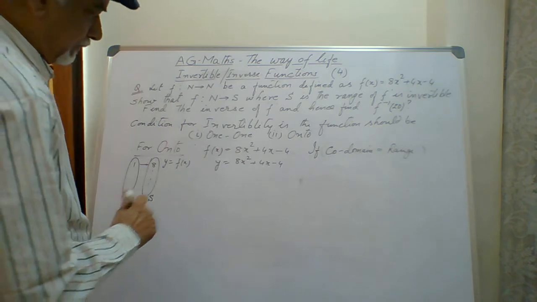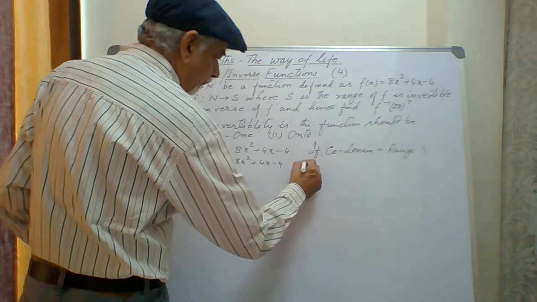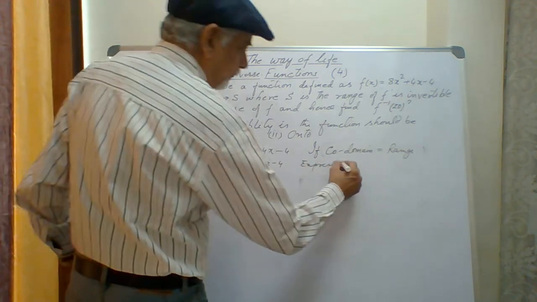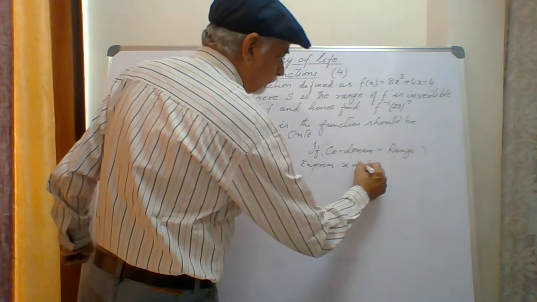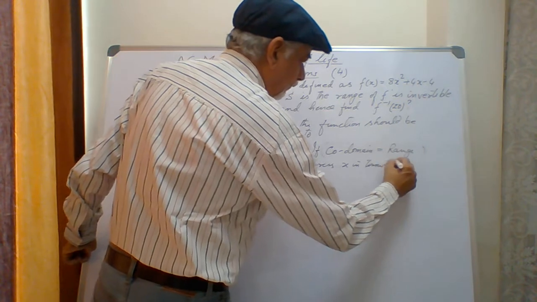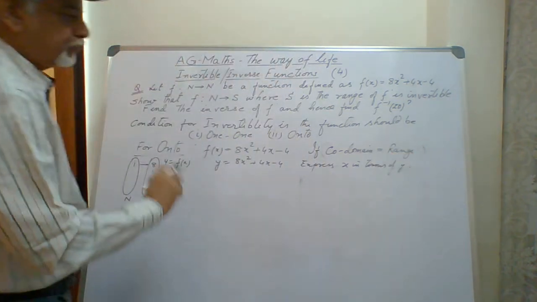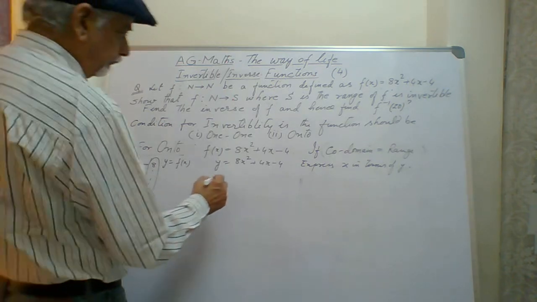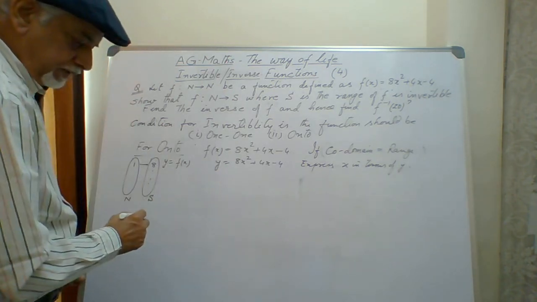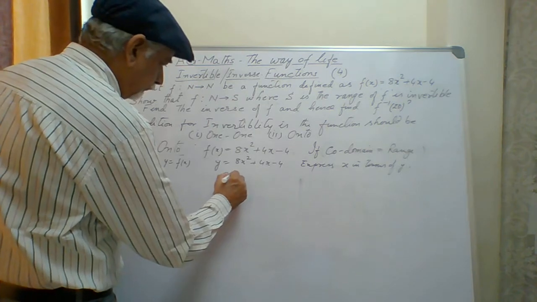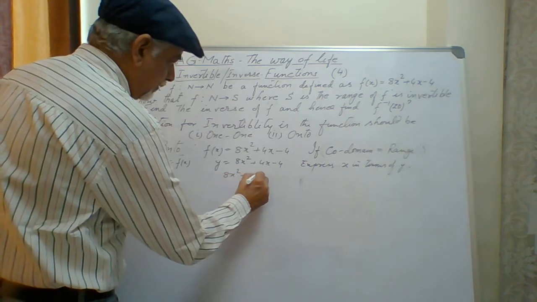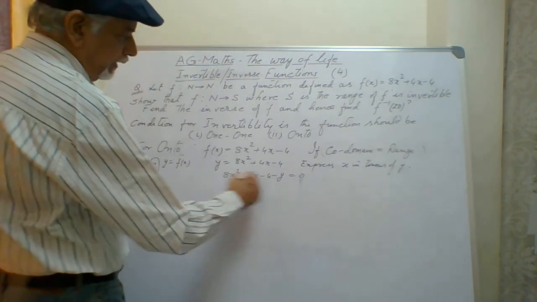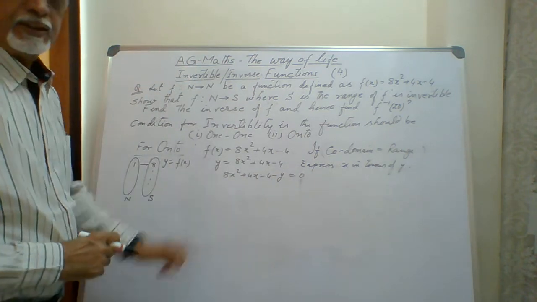Now if I write like this, then we have to express x in terms of y. Or we say we swap x and y. So how do we write that? We write 8x square plus 4x minus 4 minus y is equal to 0. Now looking at this, we find it is a quadratic equation in x.